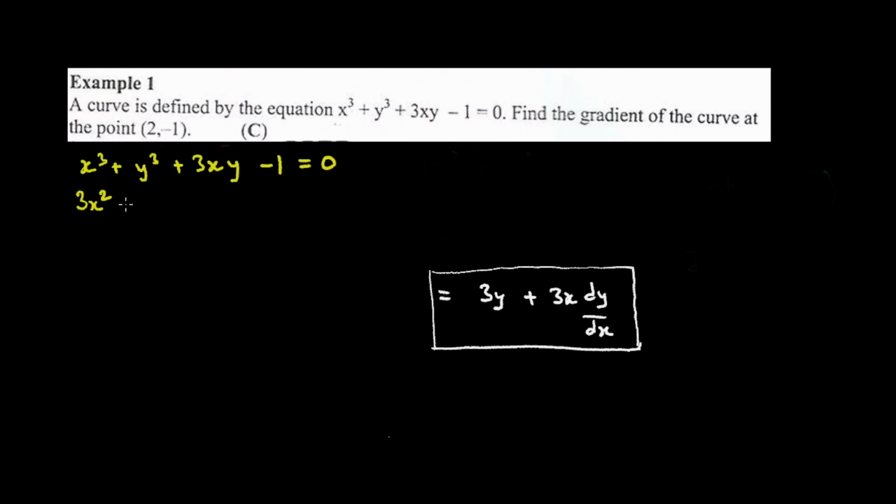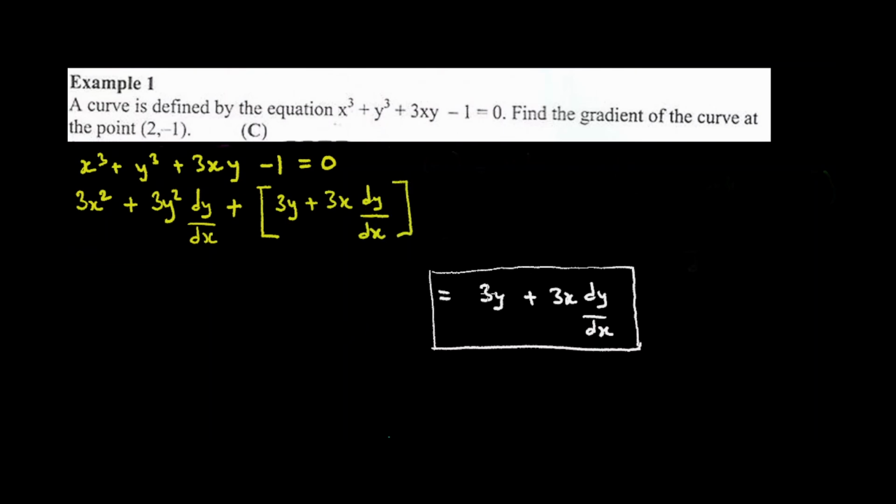Then here, what is the derivative of y cubed? It's plus 3y squared. But because we are differentiating y, we must remember to multiply here with dy/dx. You see here when we differentiate x we do it normally, but when we differentiate y we multiply by dy/dx. So we start by differentiating normally, then afterwards we multiply by dy/dx. Okay, then here we say plus, then for 3xy the derivative is what we calculated on the side, and we saw it is 3y plus 3x dy/dx.